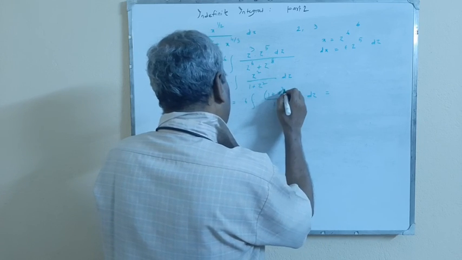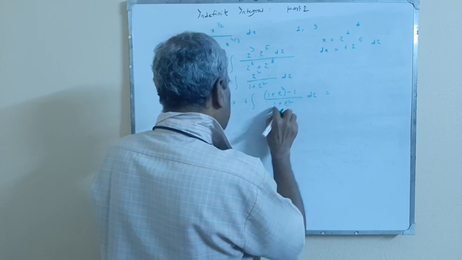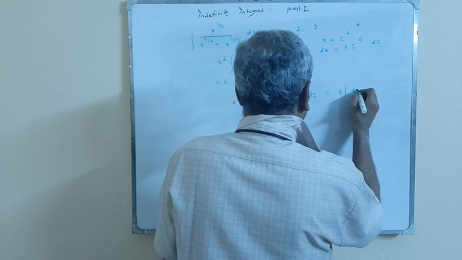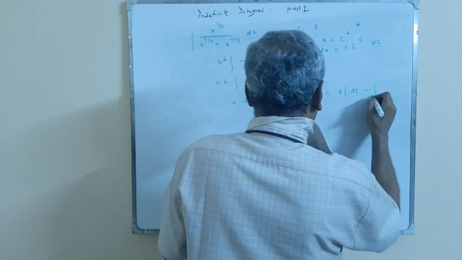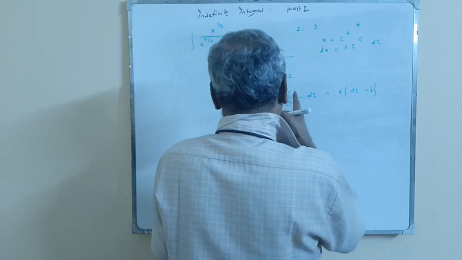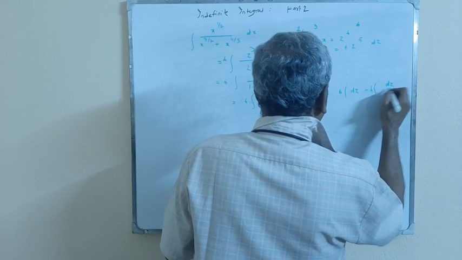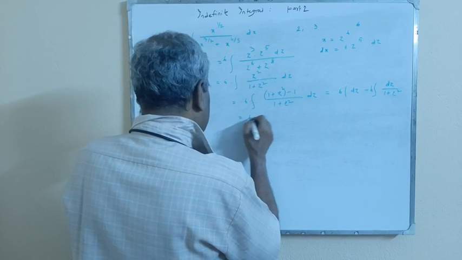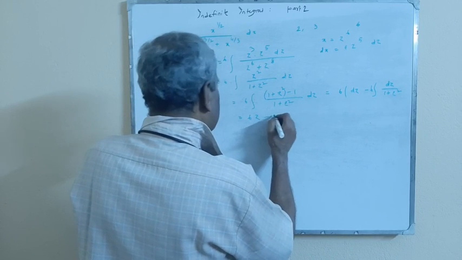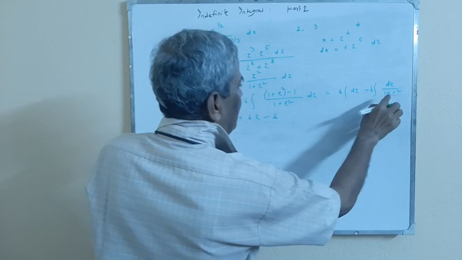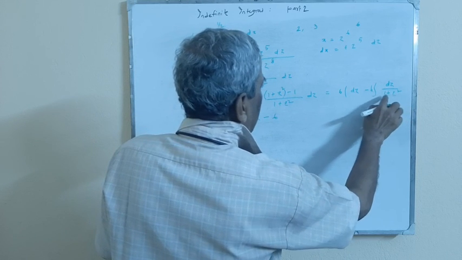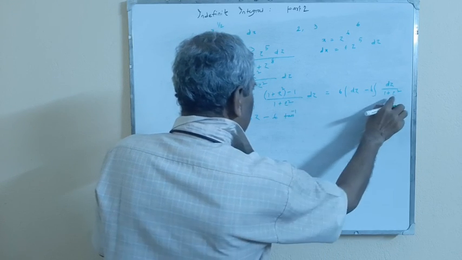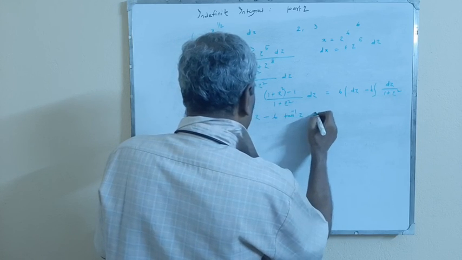So the first integral is this by that, which is 1 dz. So 6 into dz minus 6 into dz by 1 plus z square. So 6z minus 6, it is of the type dz by z square plus a square, 1 upon a tan inverse z by 1, plus c.